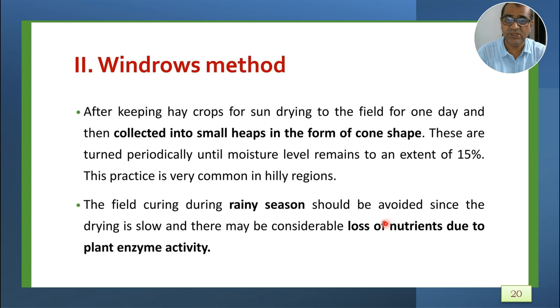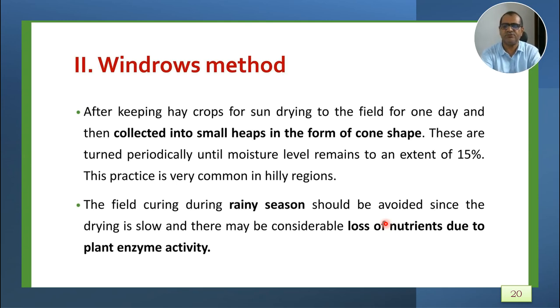Whereas the windrow method is after keeping the hay for sun drying for 1 day, it is collected into small heaps in the form of a cone shape. These are turned periodically until the moisture level comes down to 15%.